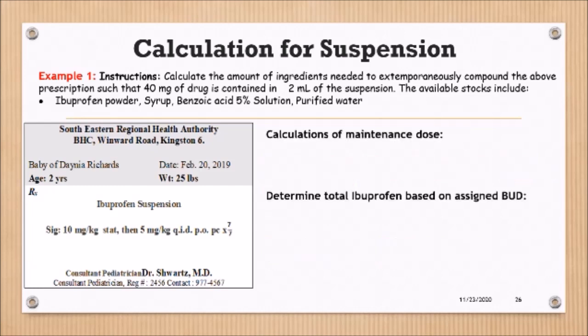Then we're going to calculate the maintenance dose. Now I want us to see the difference between a stat dose and the maintenance dose. The start dose is what you give immediately, and the start dose is normally different from the maintenance dose. The start dose is what you want to take to get the drug to start working quickly. So you notice the person is getting twice as much as the start dose compared to the maintenance dose.